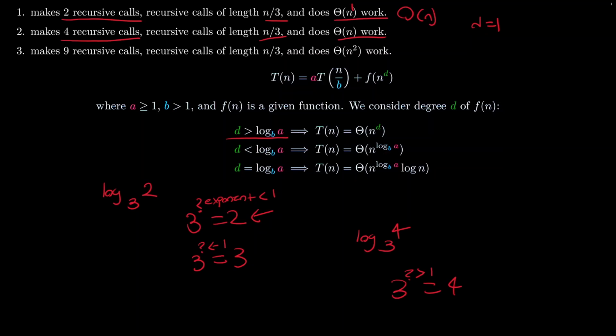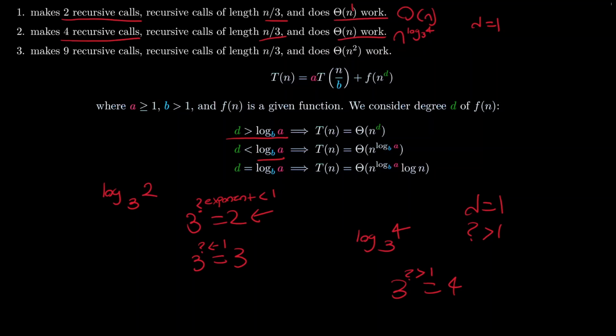And we have n work, so our degree is equal to 1 and our exponent here is greater than 1, then our log is greater, and we see the recurrence of n to the log base 3 of 4 is our big O here. So that's our answer for this one.